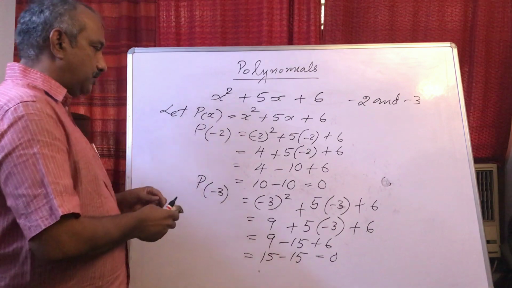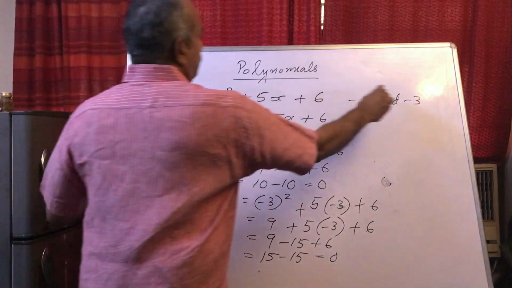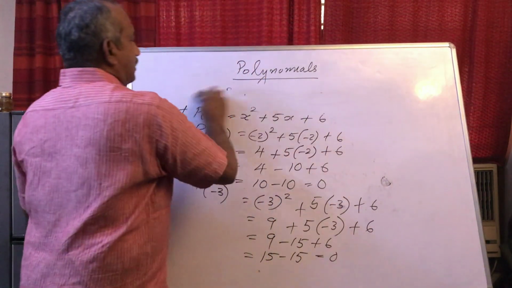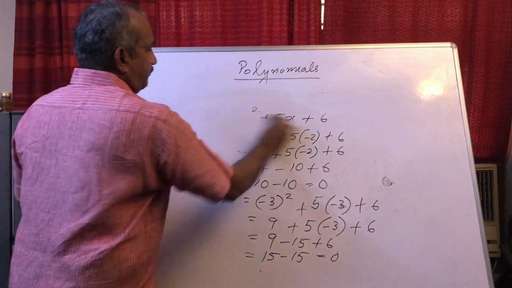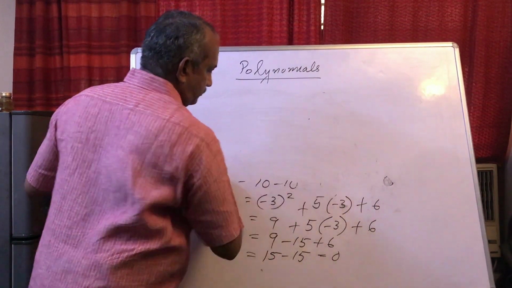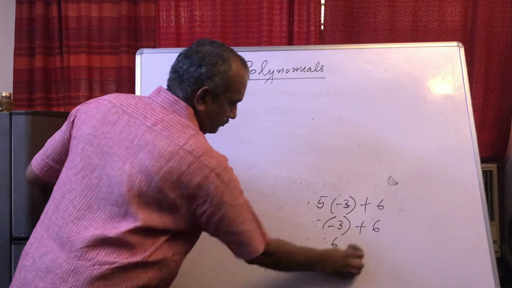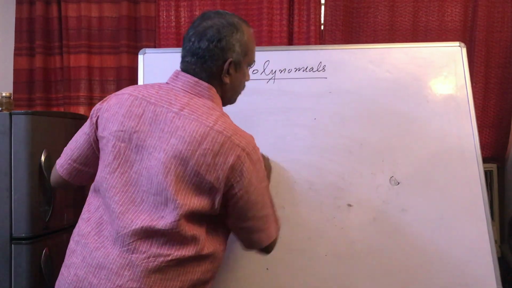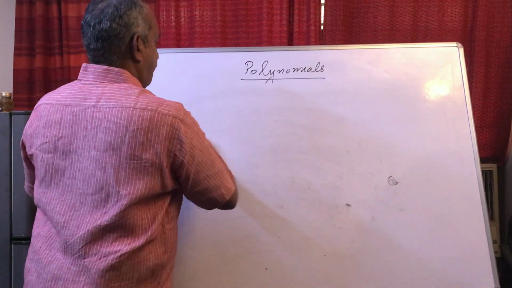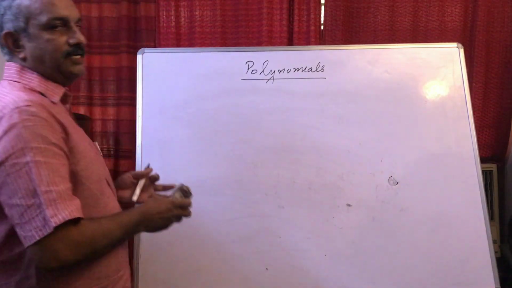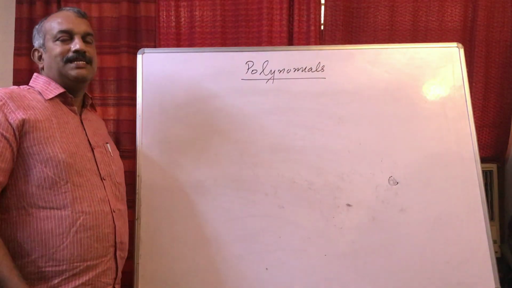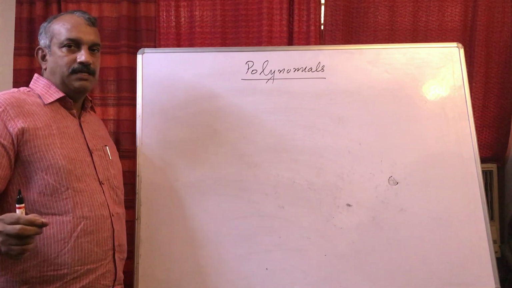Now there are some relationships between zeros and certain other things. First one, relationship between zeros and graphical representation.